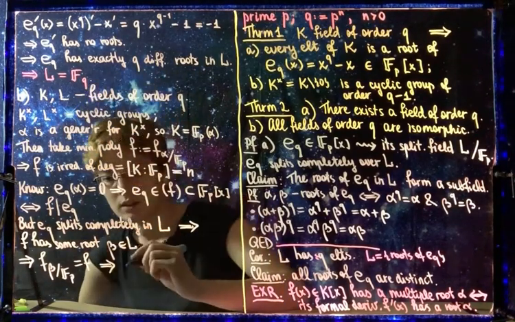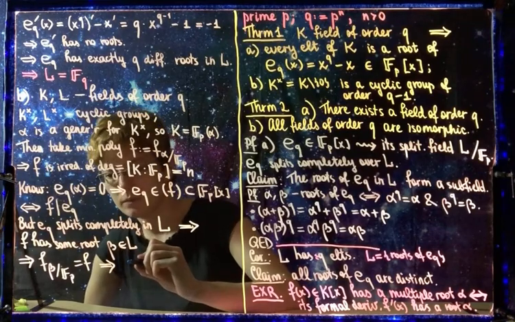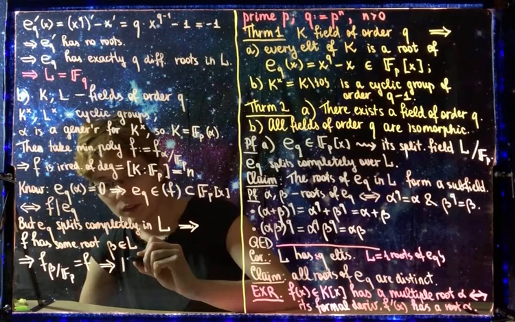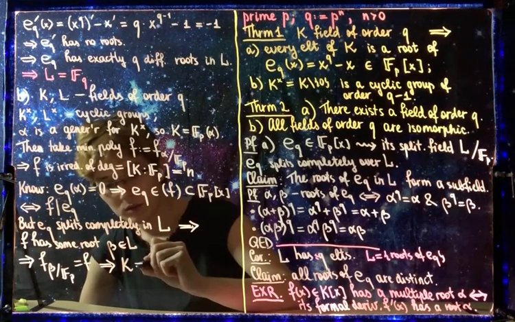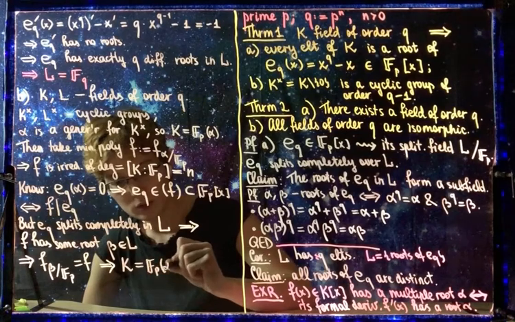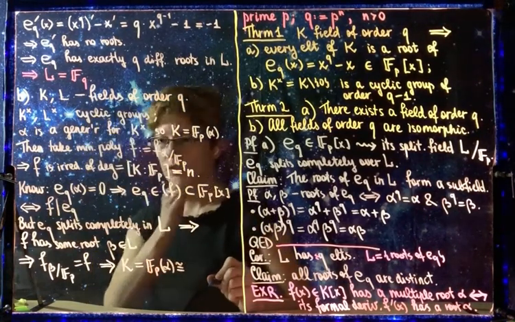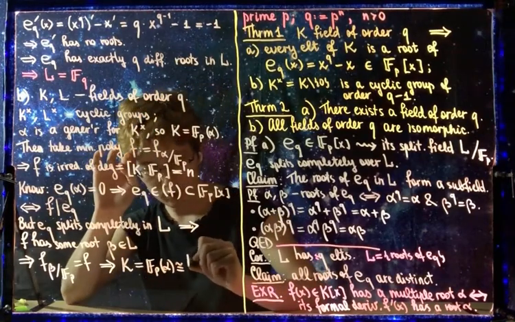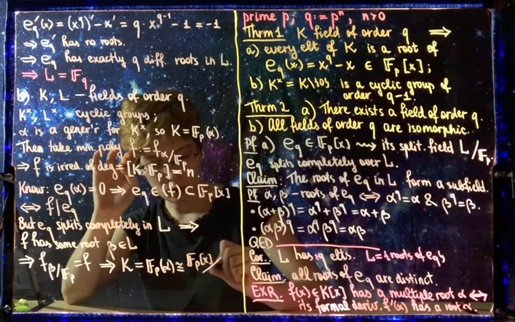And it then follows that K, which is equal to Fp adjoint alpha, and because we know the minimal polynomial, we can express this as a quotient of the polynomial ring.